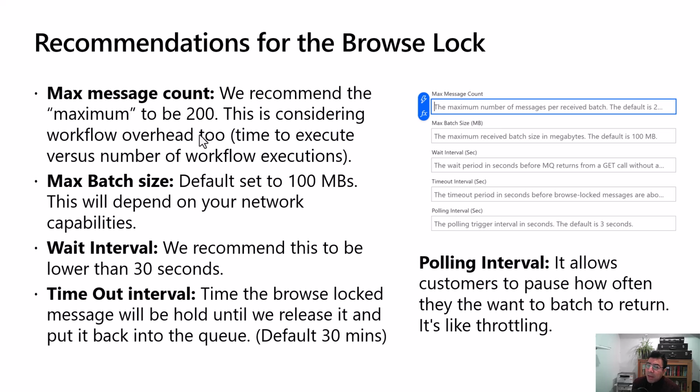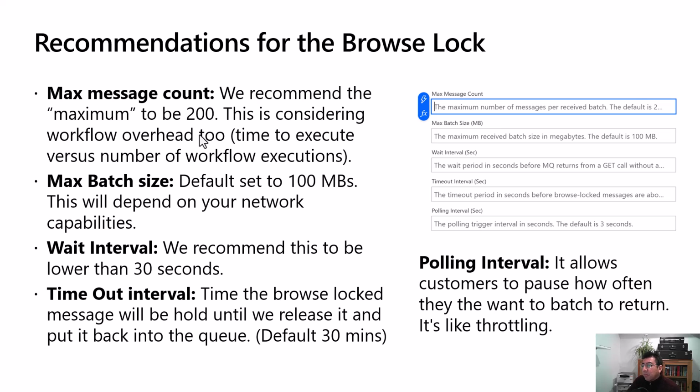The next one is max batch size. The default is set to 100 megabytes. But this will depend on your network capabilities, right? So behind the scenes, these messages are added to a JSON collection, and this is a resource-consuming activity.